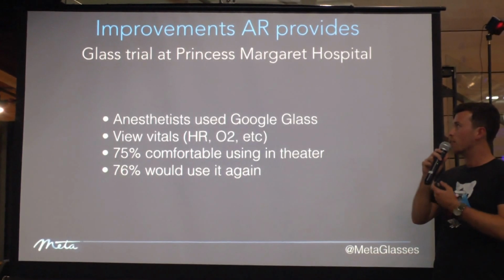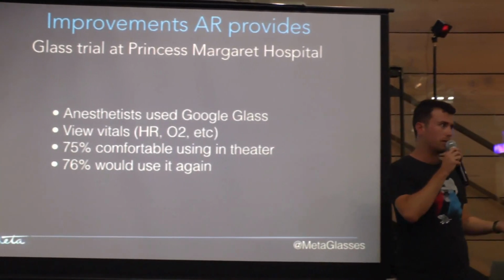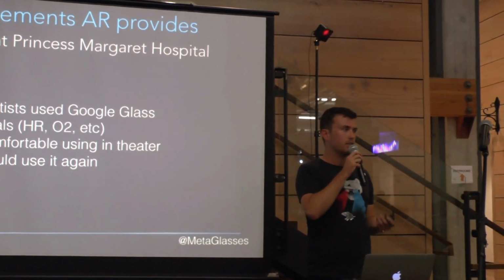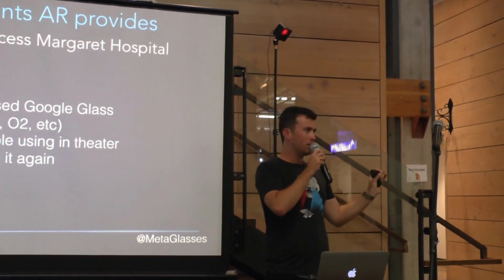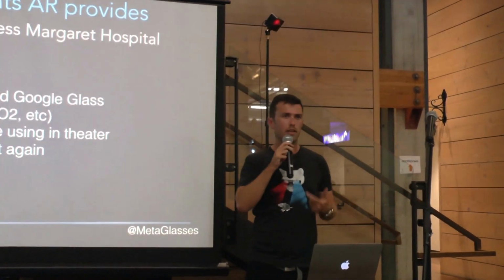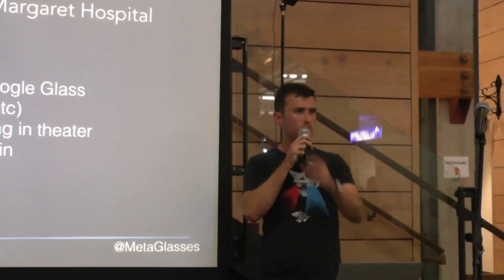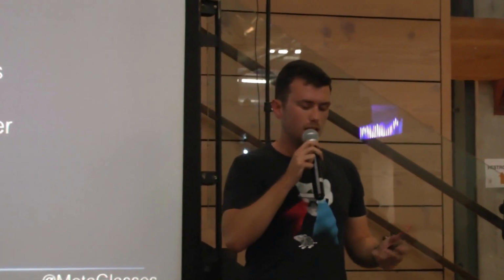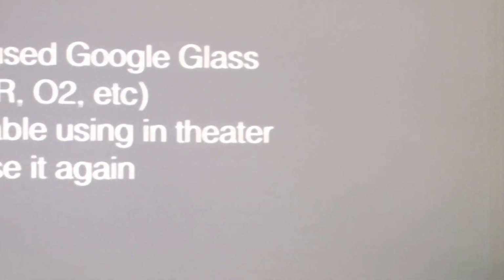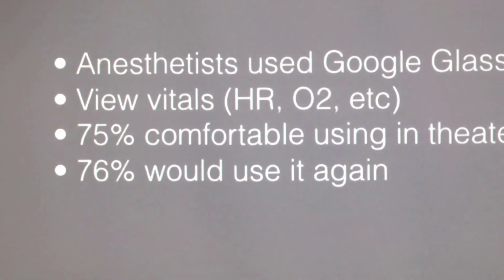So one of these, we had a trial. There was a trial at Princess Margaret Hospital in Perth, back in Australia, where all they did is they got the patients' vital signs, just their heart rate, their oxygen levels, those kind of things, and just place them in the glasses, and that was it. And what they found was just the simple fact of having the important contextual information in their own line of sight, as opposed to constantly having to look back at an old-fashioned machine.